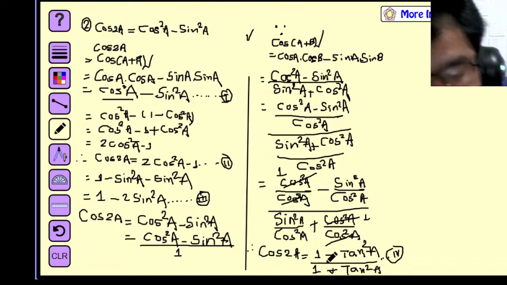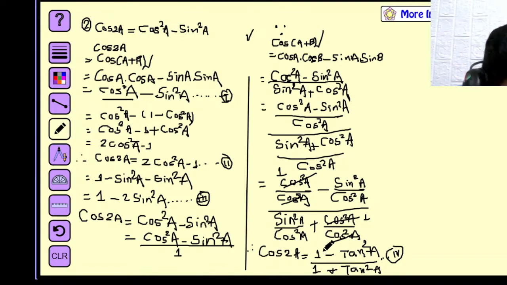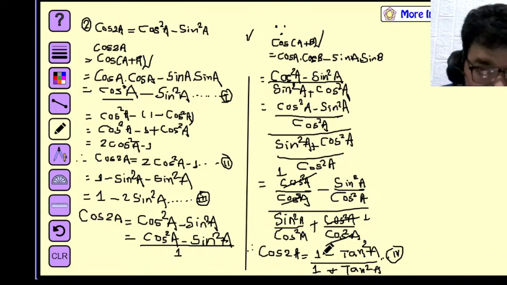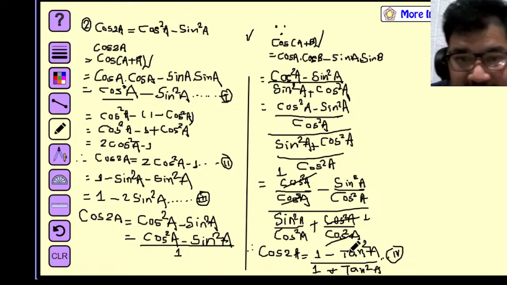Now from the same formula, we can bring cos 2e in terms of cot also. For that, look here. This tan should be changed.